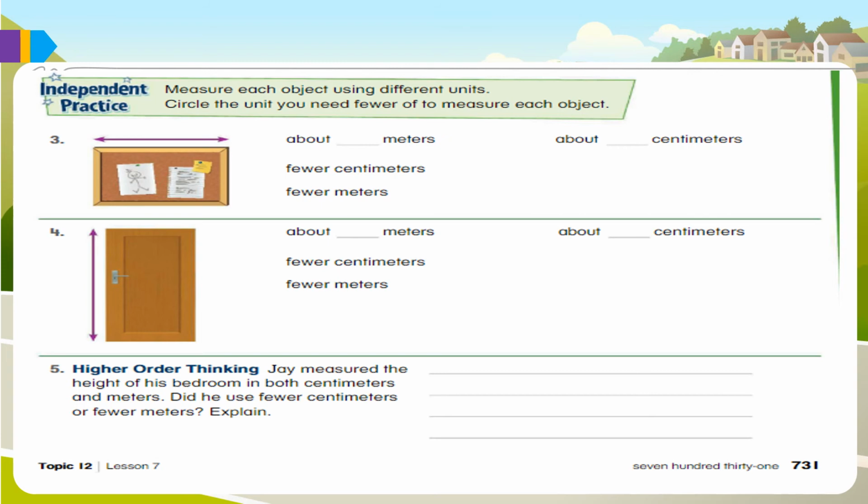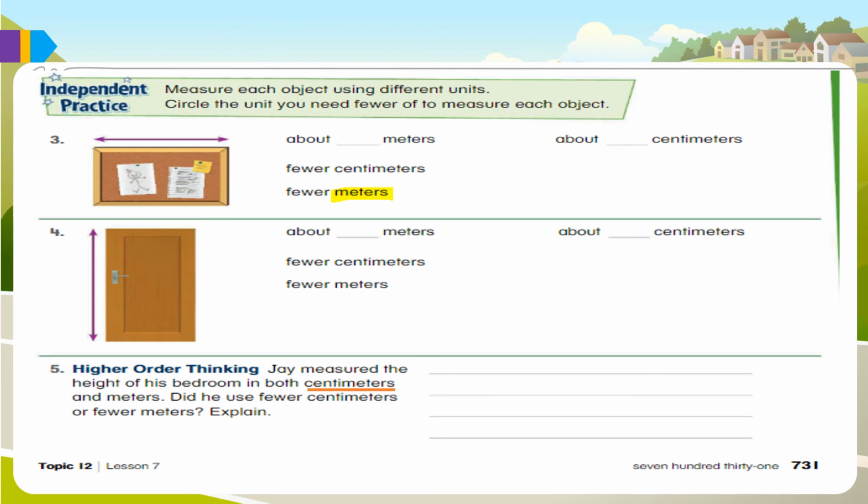Just like that, the bigger the unit, the less we are going to use. So in centimeters and meters, which one is the bigger one? Excellent, it's meter. So we are going to use fewer meters. Very nice. Just like this, you will finish question 4 and then question 5.